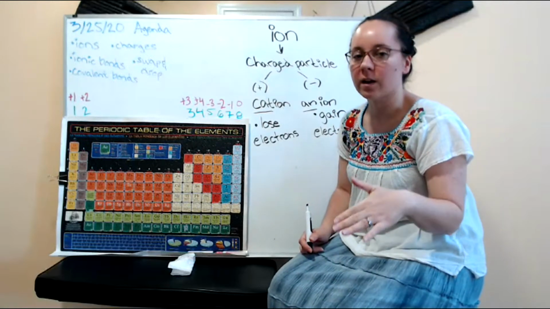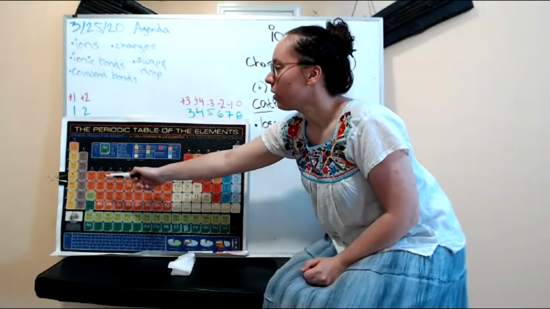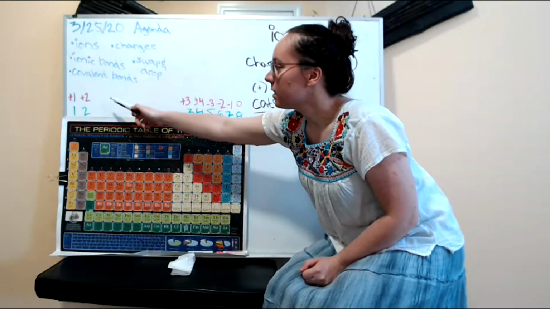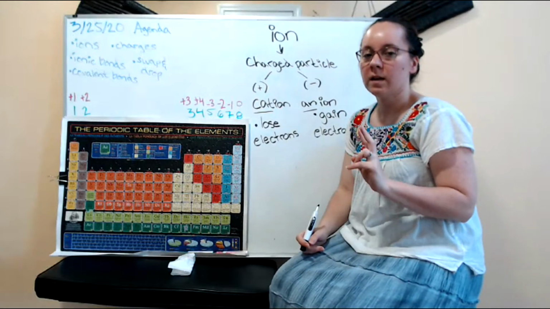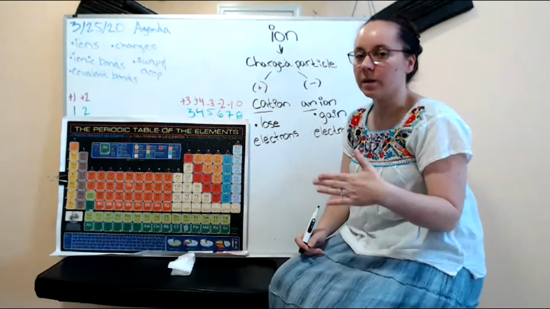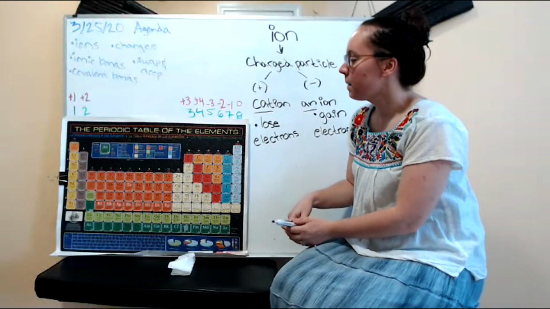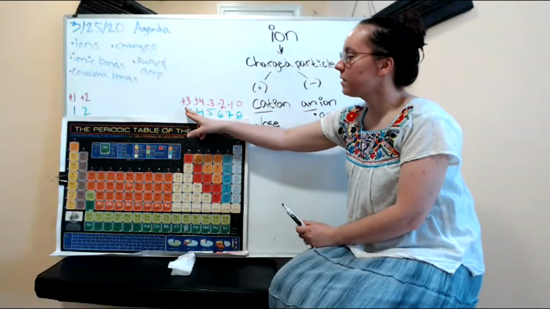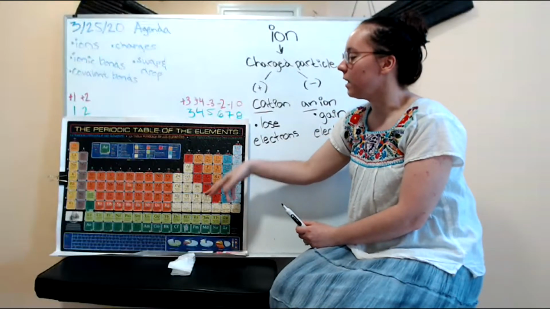It will give 1 electron away. All right, in group 2, we have our alkaline earth metals. This group has a +2 charge, meaning 2 electrons will be lost, will be given away, and therefore it forms a cation when bonding. Group 3 has a +3 charge, once again cation, 3 electrons will be donated.